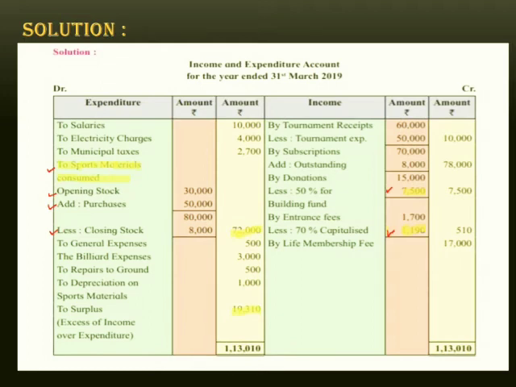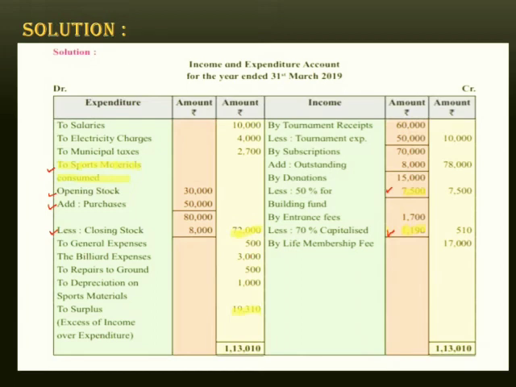Actually, why we have to do this? Because they have not directly given the information about the sports material consumed during the year. They have given the other information, that is opening stock, purchases, closing stock, and with the help of this information we have to find out how much the sports material consumed during the year. So it's better to write like this formula.